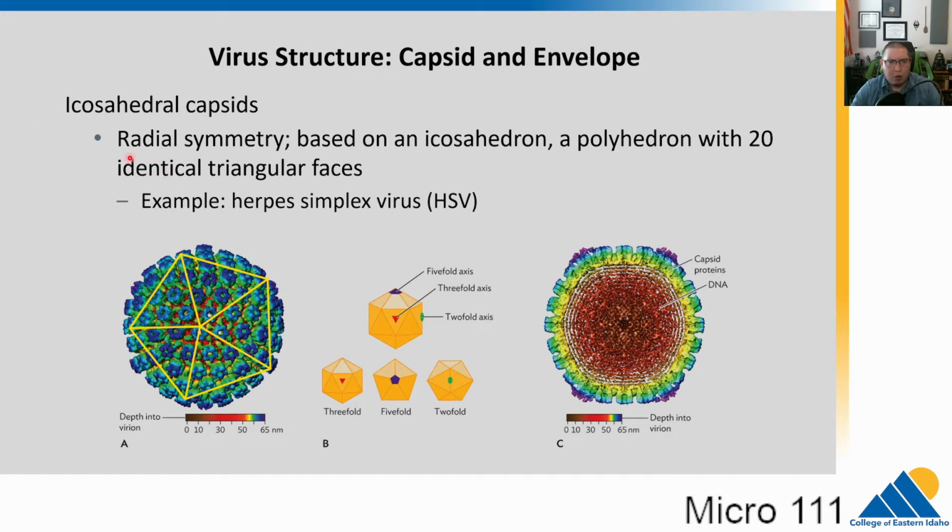Viral capsids often form what is called an icosahedron, which is a 20-sided polyhedron with little triangle faces. If you're a D&D player, you probably know the icosahedral die is your D20. This is herpes simplex virus, for example.